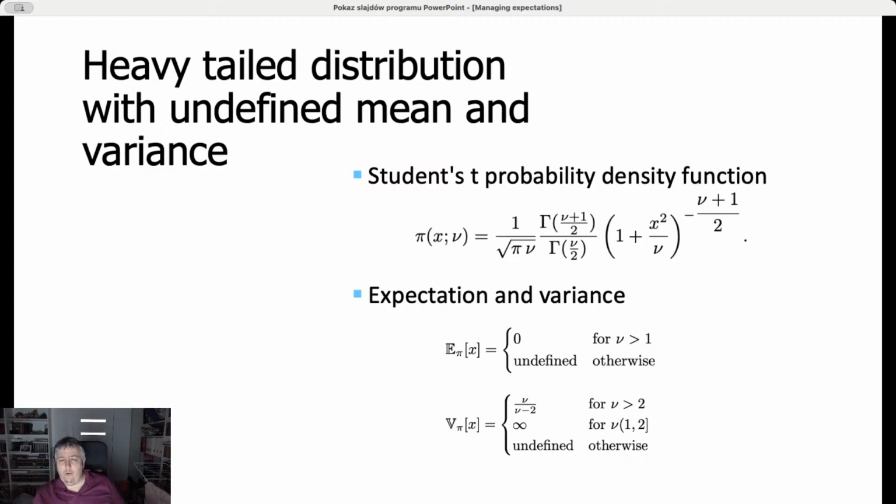So, student distribution generally looks horribly complicated, but this is the generally scaling constant. V is called degrees of freedom, which is completely unintuitive, because this can be a real number, and while you can understand that something has 5 degrees of freedom, it can be hard to understand why it has a square root degrees of freedom.